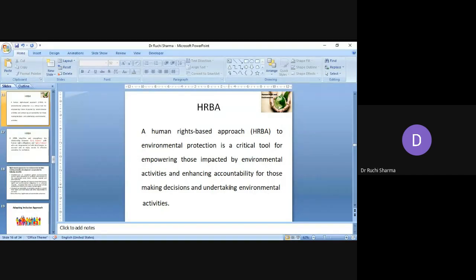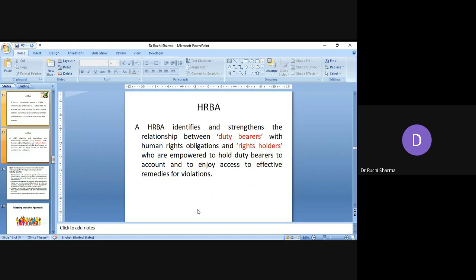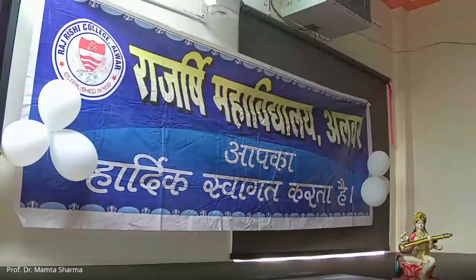This approach identifies and strengthens the relationship between duty bearers, with their human rights obligations, and right holders.